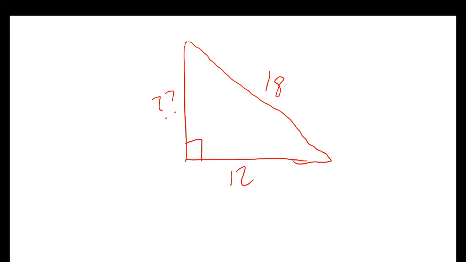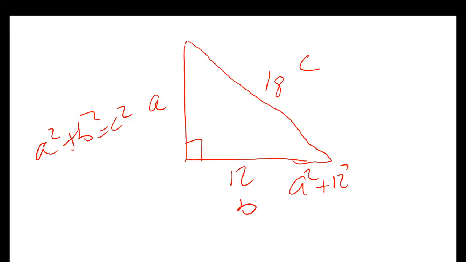This is kind of like geometry, although this is the only geometry we do. So you may remember this is what's called the Pythagorean theorem. The Pythagorean theorem says that if we have a right triangle and we have three sides, then a squared plus b squared is equal to c squared. So in this case, we would have a squared plus 12 squared equals 18 squared.